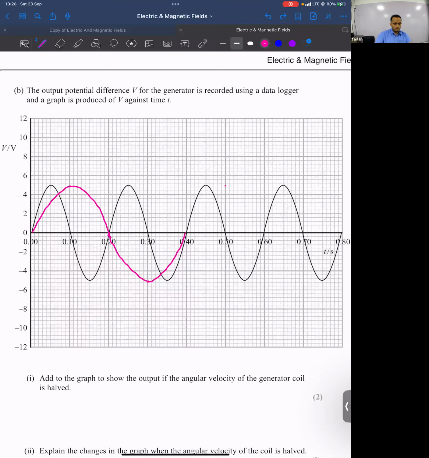Very good. So guys, now you're moving in slowly, which means the magnetic flux linkage will be cut at half the rate. Yes, moving in slowly means the rate of change of magnetic flux linkage will also reduce. So that means the EMF induced will also become half. So what about this one then?